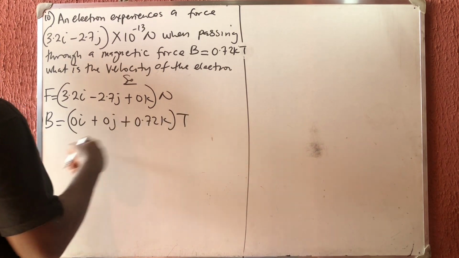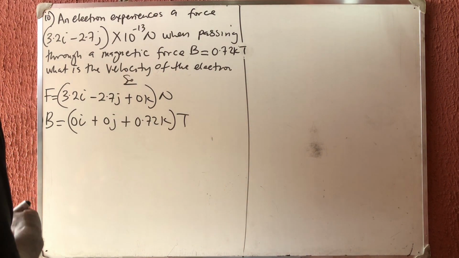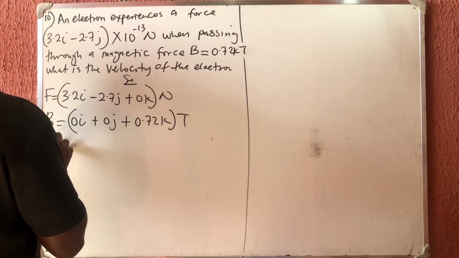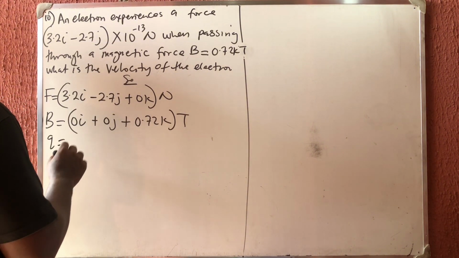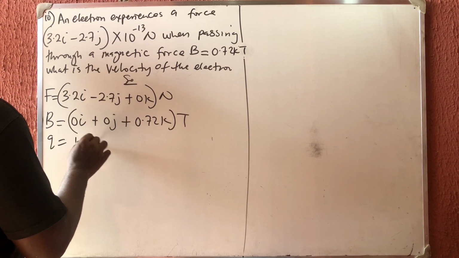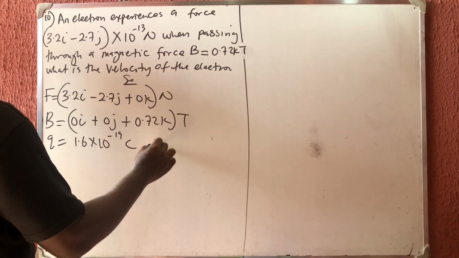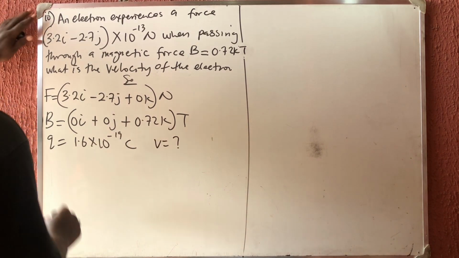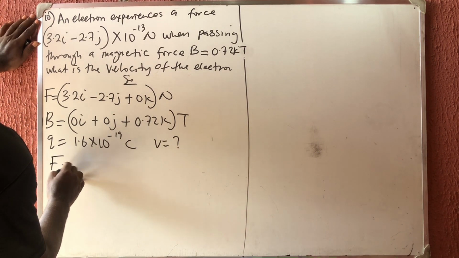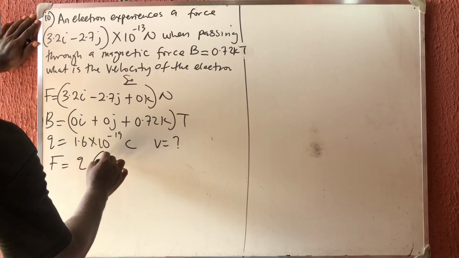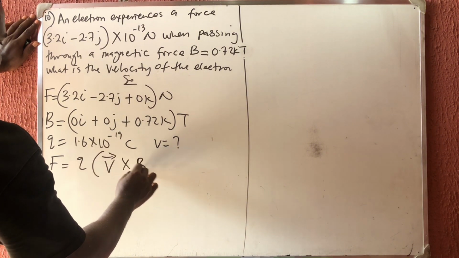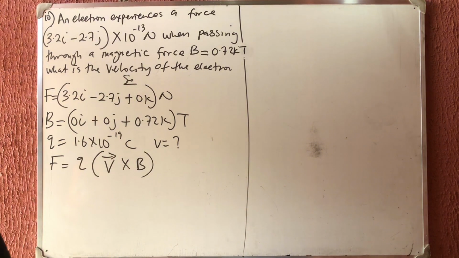Everybody in T. You have to make it complete. Okay? The next thing they gave us is our q. They gave us our q as 1.6 times 10 raised to power minus 19 coulomb. Then they say we should find our v. But I know that my F is equal to q in bracket of v cross B. Right? So, what do we have now? First of all, can we get v cross B?